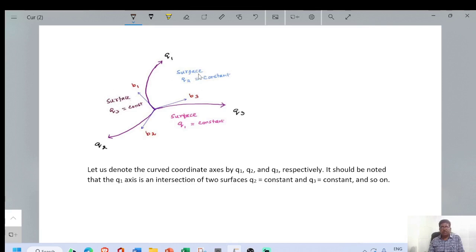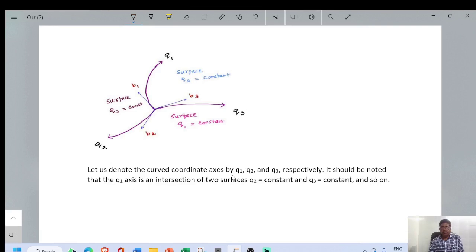The intersection of these two surfaces gives q1 axis. If you want to specify q2 axis, the intersection of q3 equal to constant, q1 equal to constant is taken. If you want to specify q3 axis, the intersection of q1 equal to constant and q2 equal to constant is taken. That's the meaning for this and so on.